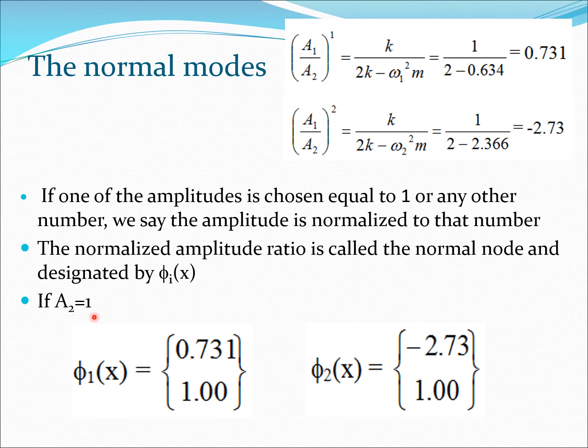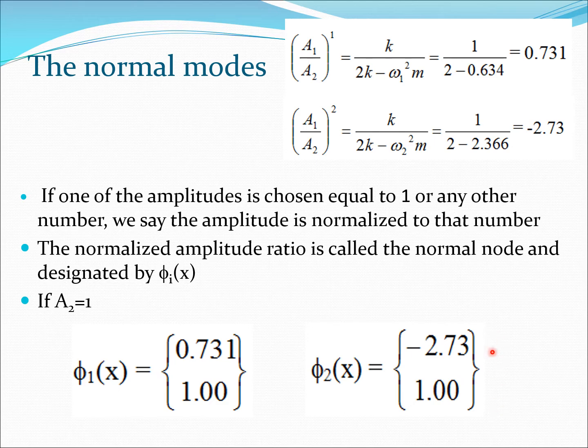Then the first mode shape would become 0.731. So I have set A2 equal to 1, and then A1 can be calculated to be 0.731. So this ratio can be expressed like this. Similarly, phi2, I would have A2 equal to 1 here, and so A1 would become minus 2.73. So that's the second mode shape.